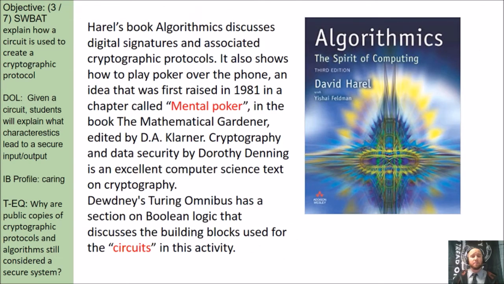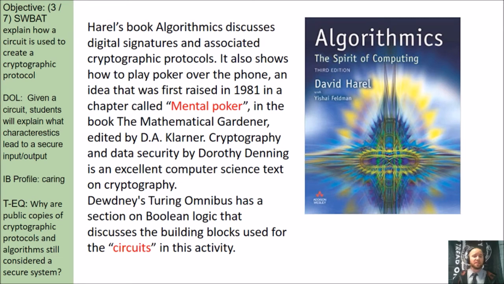All right, and to wrap up our lesson right before the big project, a book recommendation here called Algorithmics. It discusses digital signatures and associated cryptographic protocols. It also shows how to play poker over the phone, which was an idea first raised in 1981 in a chapter in this book called Mental Poker. Another great one is Cryptography and Data Security by Dorothy Denning, an excellent computer science text on cryptography.